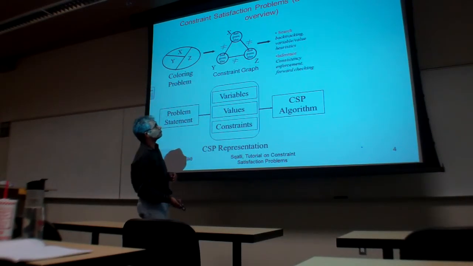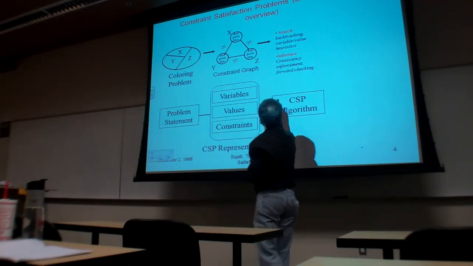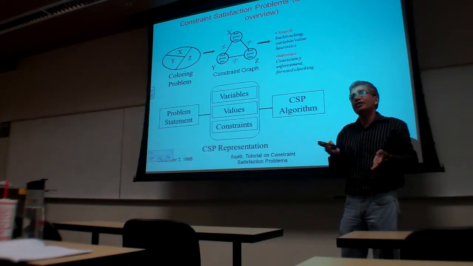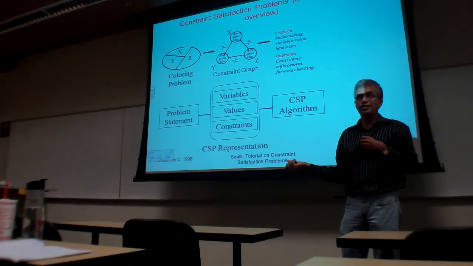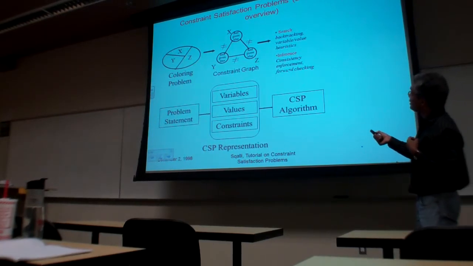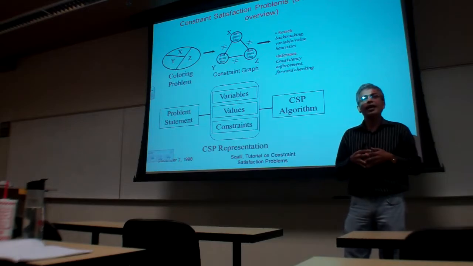Then you have to do some algorithm on finding essentially an assignment that will work. There are multiple types of algorithms, but the one that we look at is a backtracking algorithm, and then we usually talk about the heuristics for improving the efficiency of the backtracking algorithm. Search basically tries to look for an assignment that will work.